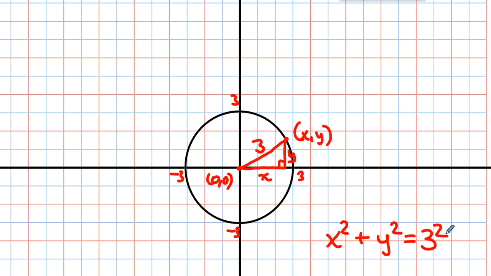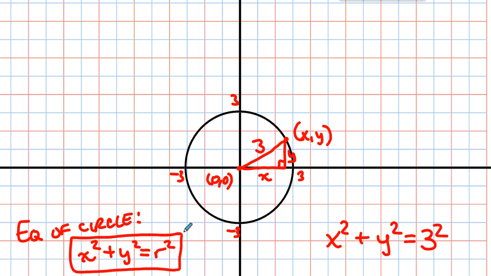And there's nothing special about that 3. You may have learned that the general equation of a circle is x squared plus y squared is radius squared. You may have learned that if the circle is centered at the origin.